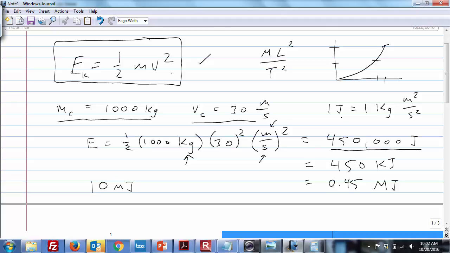And boom, out pops 450 kilojoules, because we know 1 joule is 1 kilogram meter squared per second squared. Put that into kilojoules, then finally into megajoules. We don't usually use the word megajoules in our everyday language, but in this class we do. We know that 10 megajoules is how much food you eat per day.